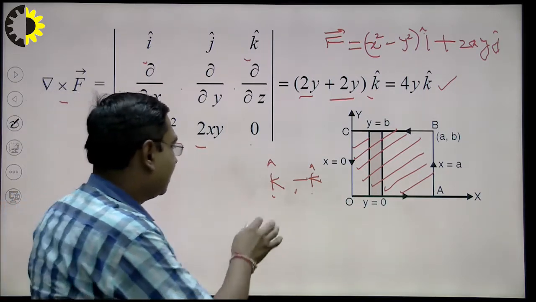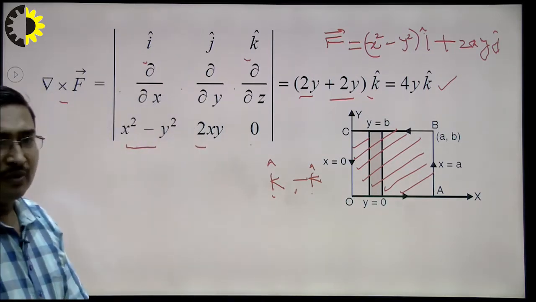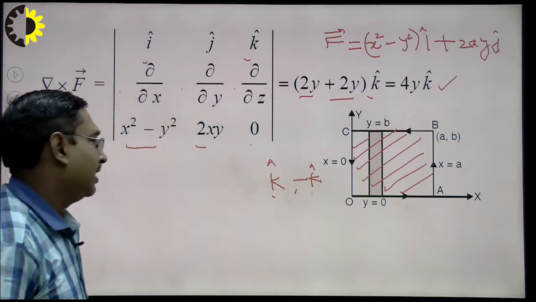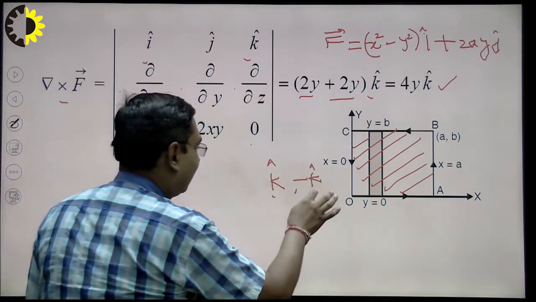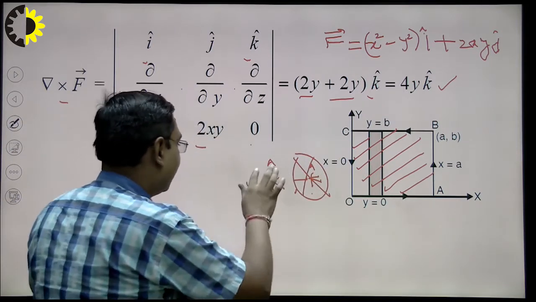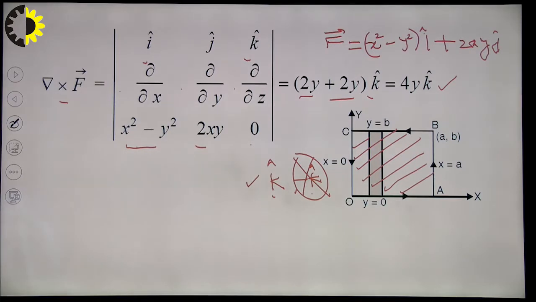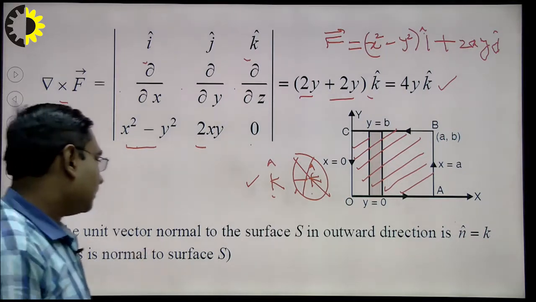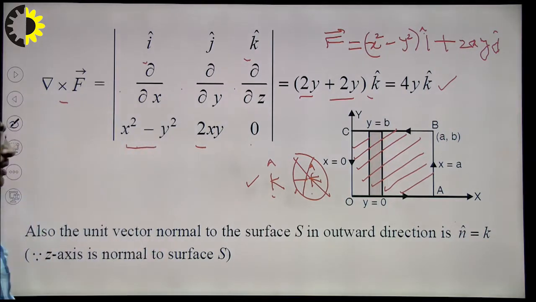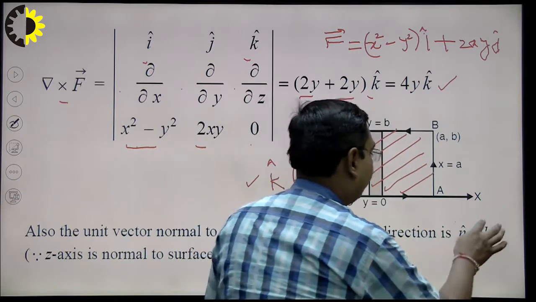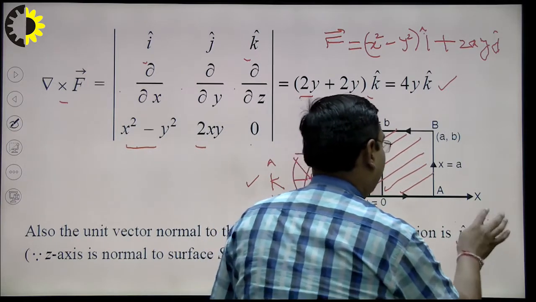It means the vector in the direction of the positive z axis will be our vector n cap, and therefore positive k cap will work, and minus k cap will be discarded. Thus, the unit vector normal to the surface S in the outward direction is n cap, which will be vector k cap.